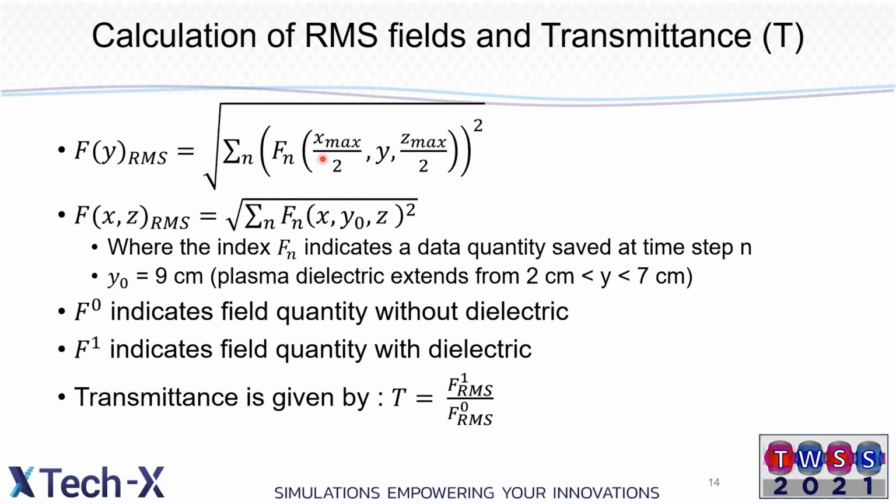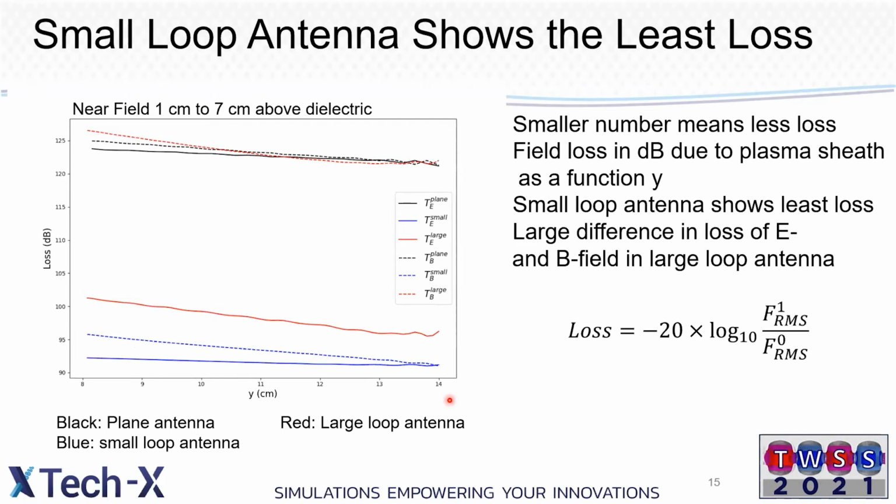And I summed over time and computed the root mean square as a function of y. So then I just defined this transmittance as the root mean square with the dielectric divided by the root mean square without the dielectric. So that's what these quantities are here.